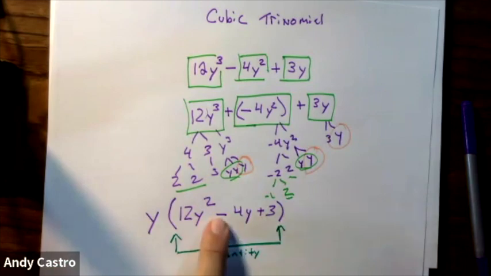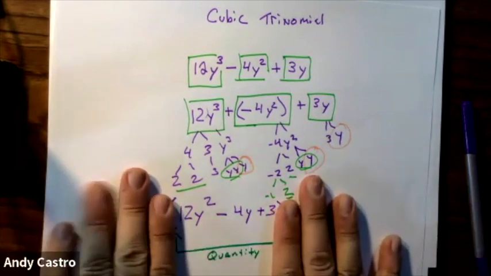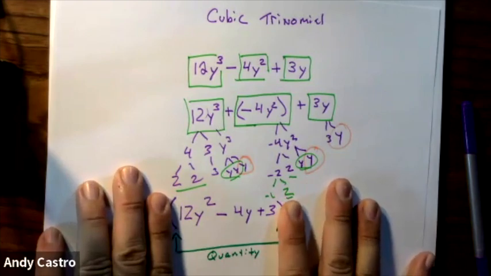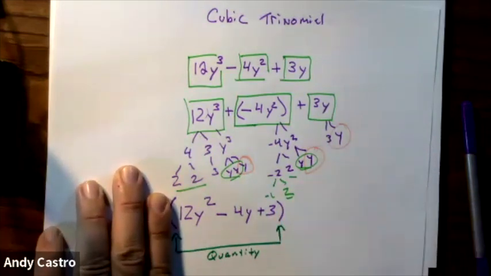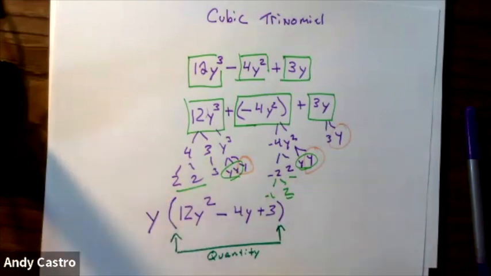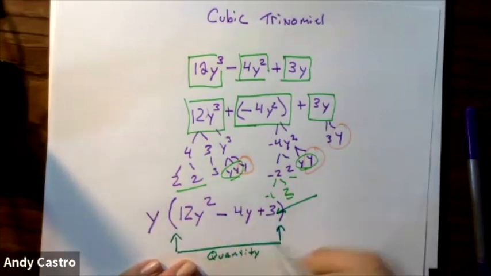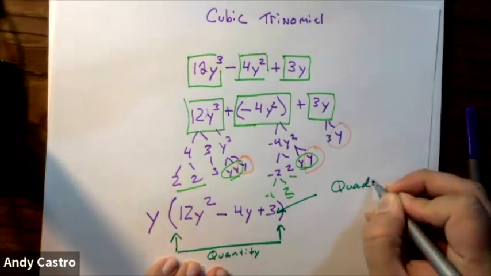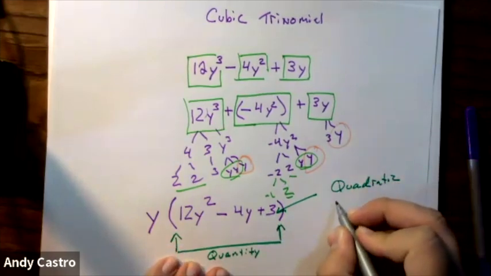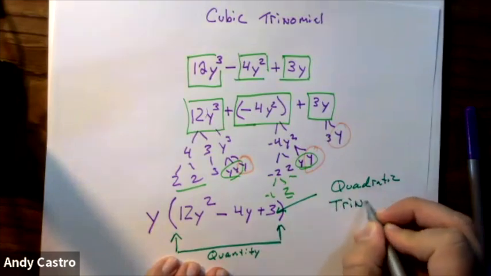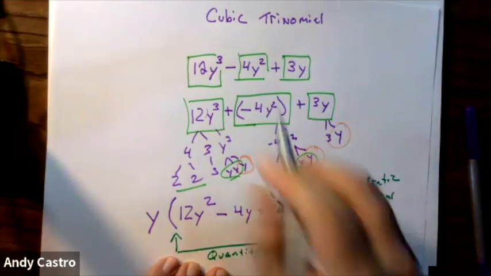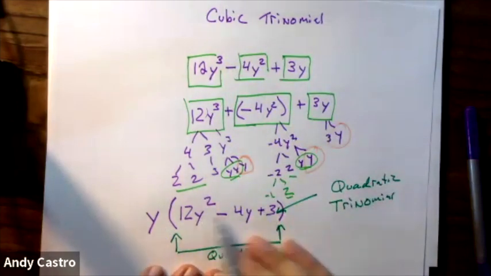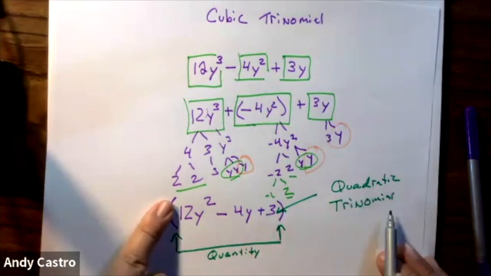All right, and what's left inside here, 12y squared minus 4y plus 3, just what's inside there, is a quadratic trinomial. So we started with a cubic trinomial, we factored out a variable, and inside here we were left with a quadratic trinomial.